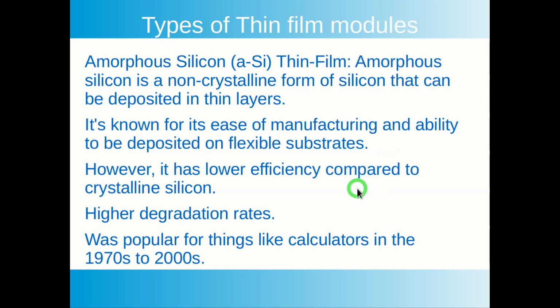But it used to degrade more, basically falling below 80% within 10 years. It had something like double or triple the degradation rate of polysilicon. This was popular from the 70s to the 2000s for small things like calculators. You would see these chocolate colored cells in these devices.